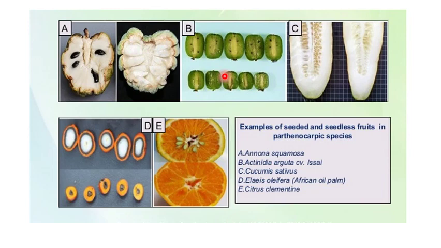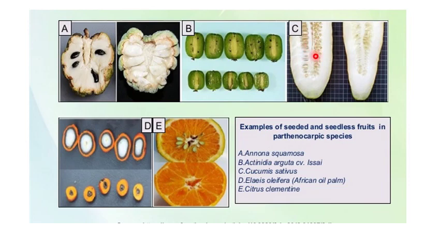In section B, the example of Actinidia arguta, its common name is hardy kiwi. On the upper side, the seeded fruit is present, while on the lower side, the seedless fruit variety is present.